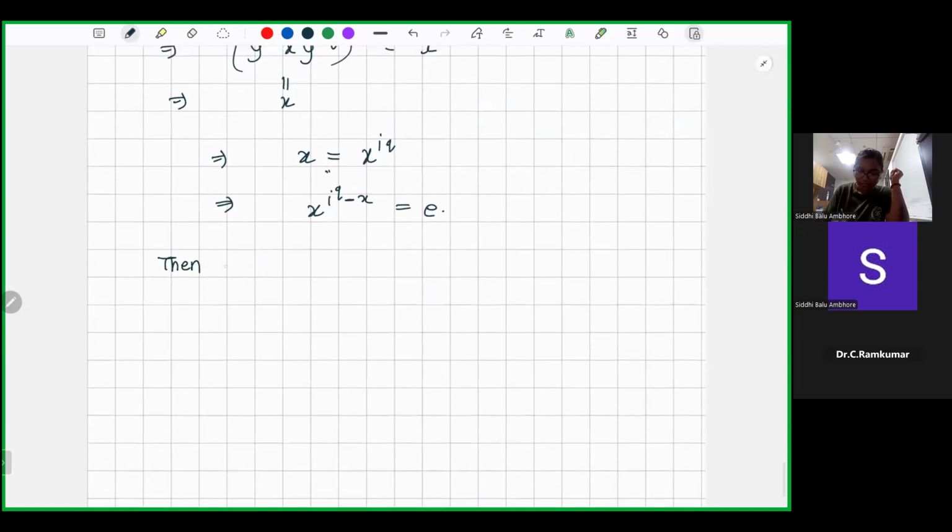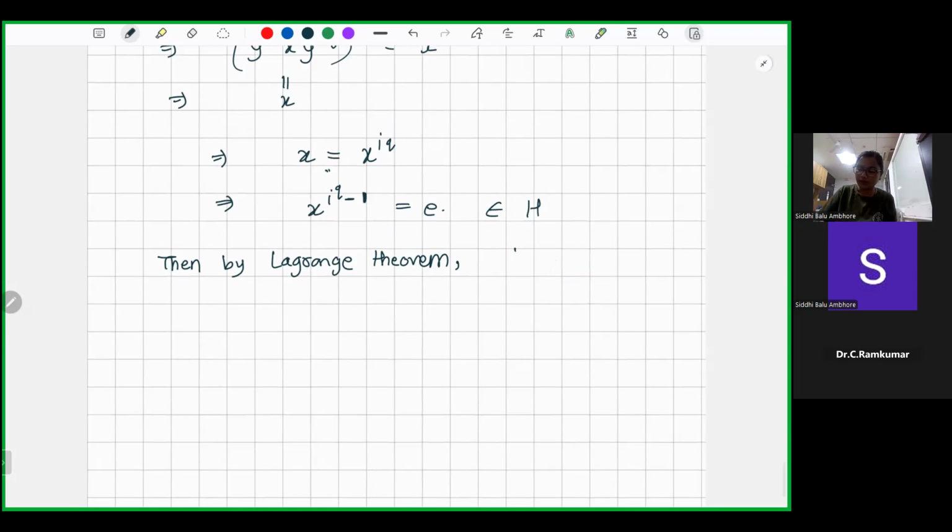Then by Lagrange theorem I get that iq minus 1 divides pq. Or since this belongs to H, this also implies that iq minus 1 divides p, or p divides iq minus 1.